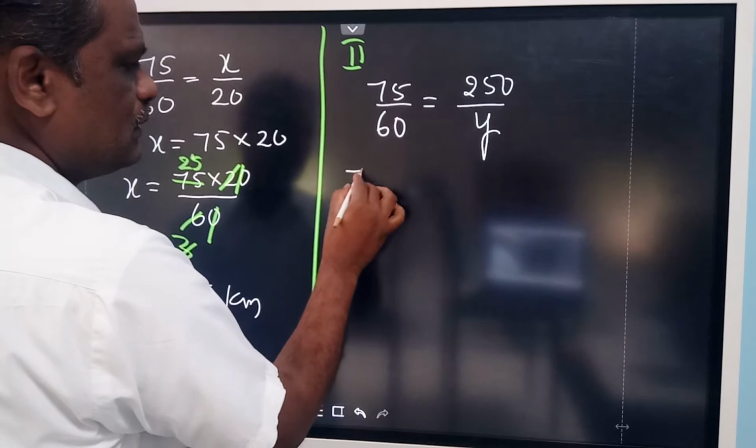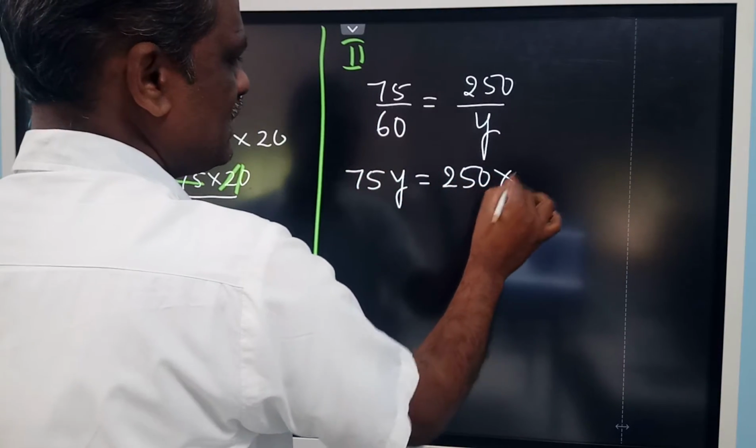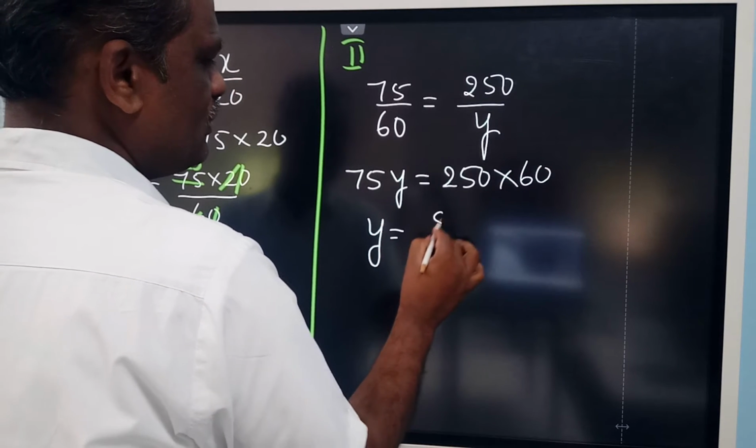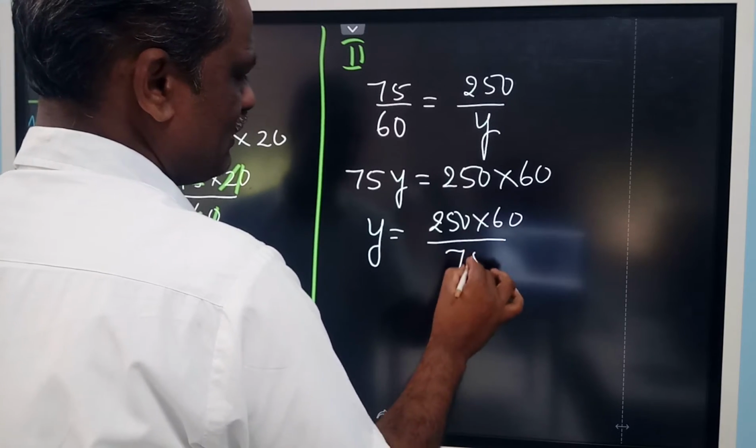Cross multiply: 75y is equal to 250 into 60. So y is equal to 250 into 60 divided by 75.